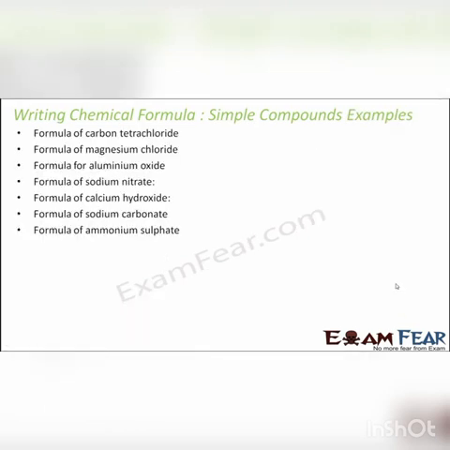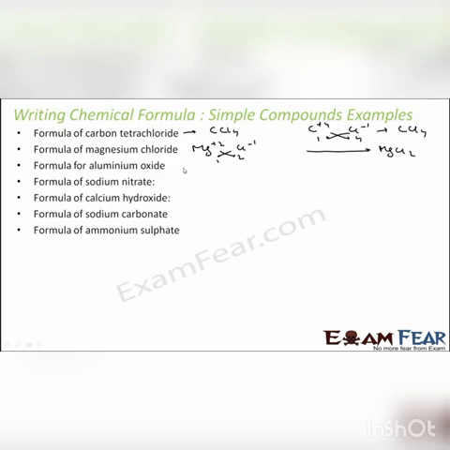Let's take some more questions now. Formula of carbon tetrachloride, we just saw it was CCl4. So there's a carbon with the plus 4 charge, with the minus 1 charge. So this goes like this, 1, 4, CCl4. Magnesium chloride also we saw, magnesium plus 2 charge, Cl minus 1 charge. Swap it, this becomes MgCl2.